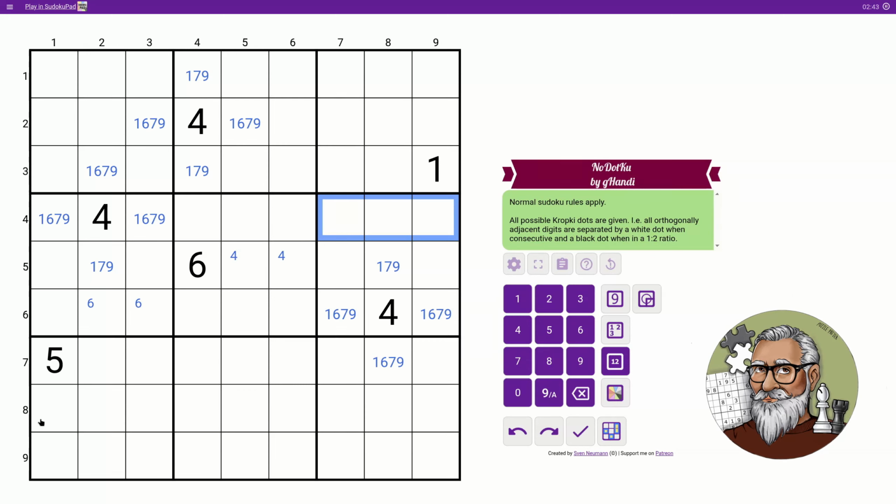Is that worth it in the pencil marking? Those are not 3, and they're not 5 or 7. Not 3, not 5 or 7. That doesn't sound worth pencil marking.